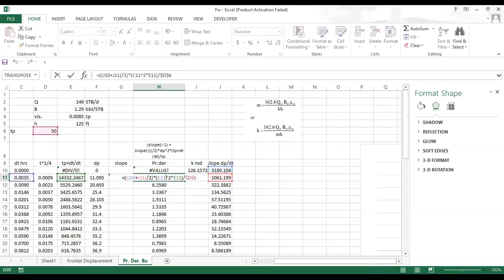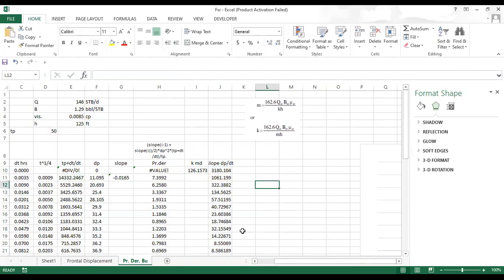And one more mistake what I have done is... Okay, I will go with this value.